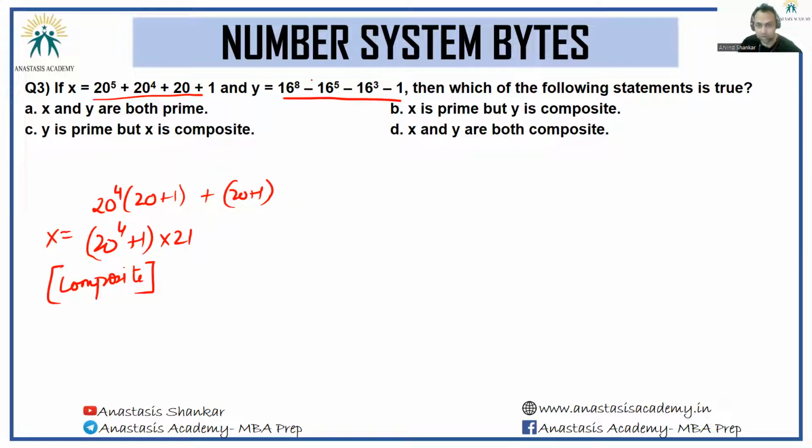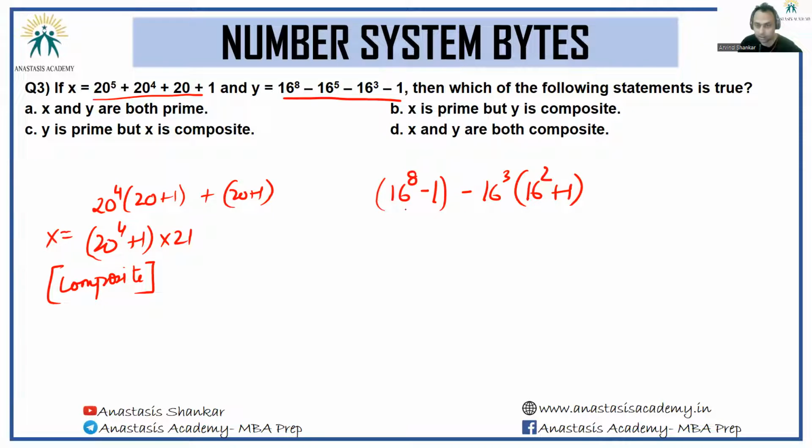Okay, so what I'm doing is 16 raised to the power 8 minus 1 minus 16 cube minus 16 square plus 1.